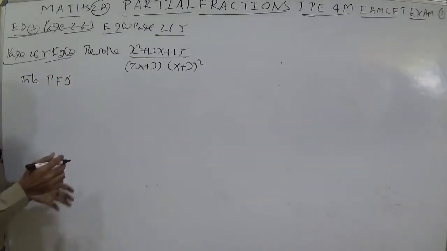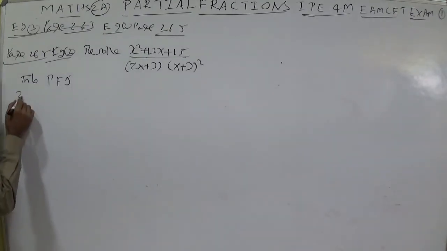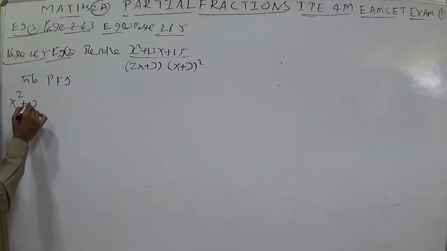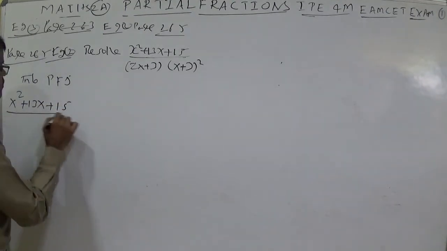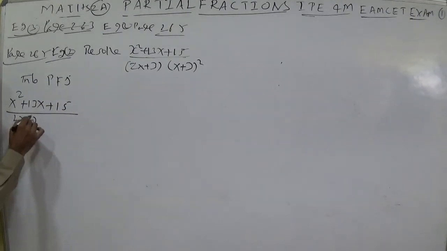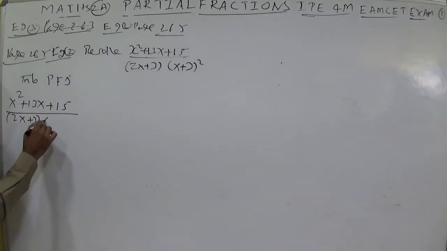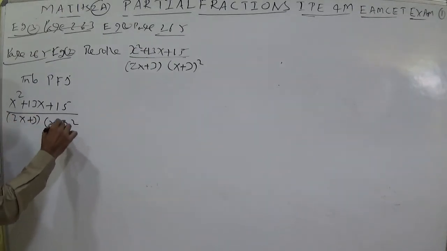PFs means partial fractions. Try to understand the working rule I said previously for (x² + 13x + 15) / ((2x + 3)(x + 3)²).